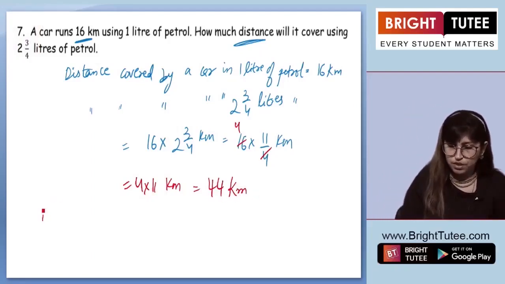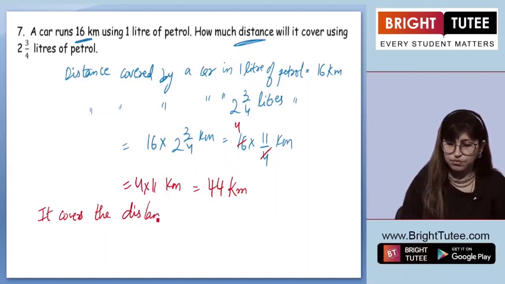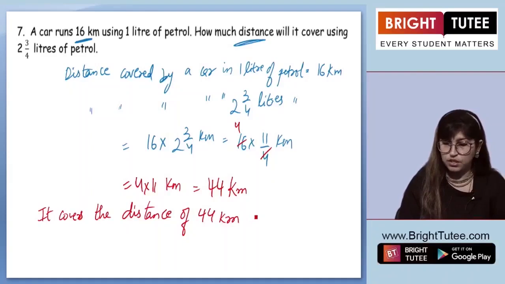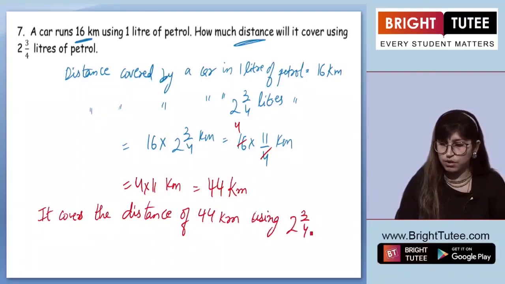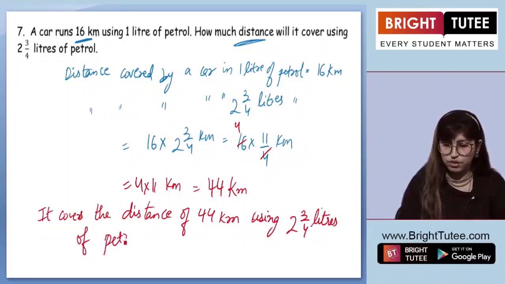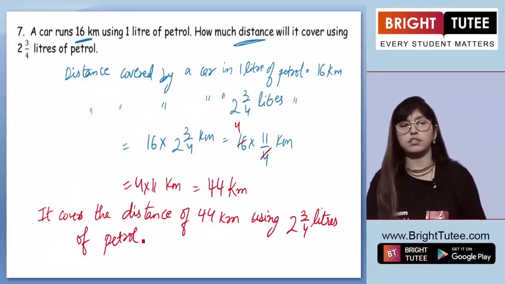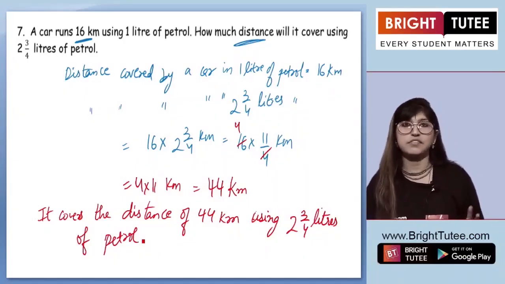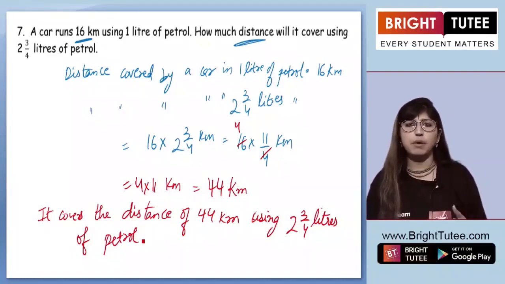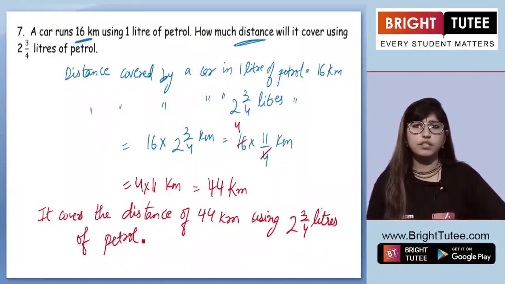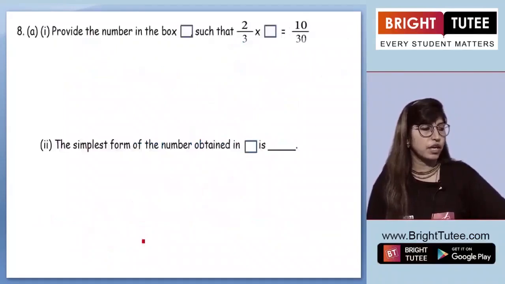So it covers the distance of 44 kilometers using 2 3/4 liters of petrol. Do mention these, the distance covered by a car, or at the end the final answer, because it has marks for it. So do write all the steps and all the statements together.